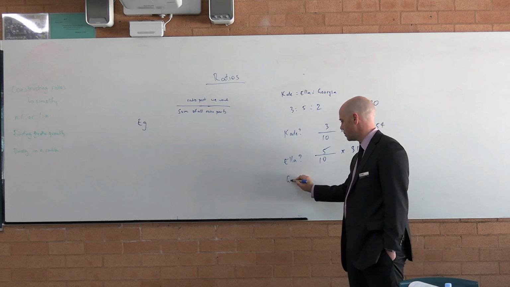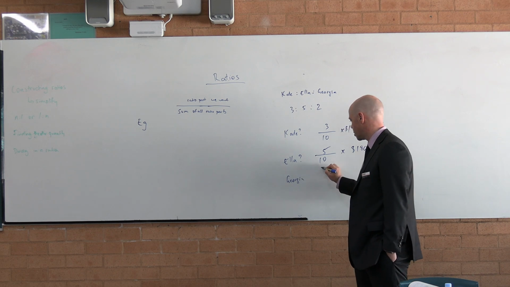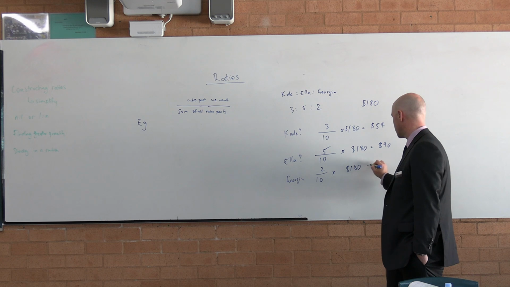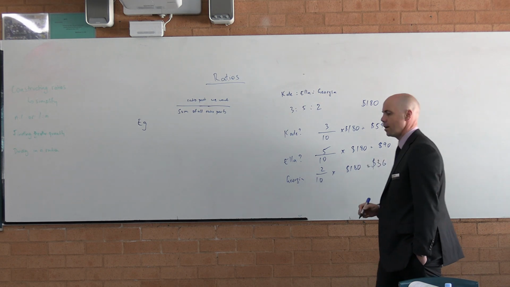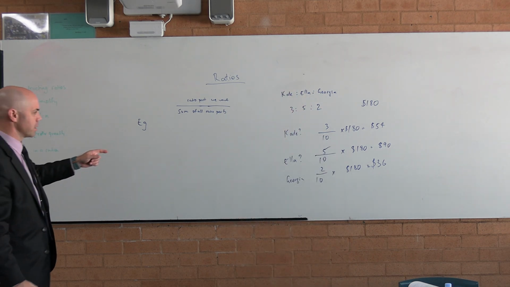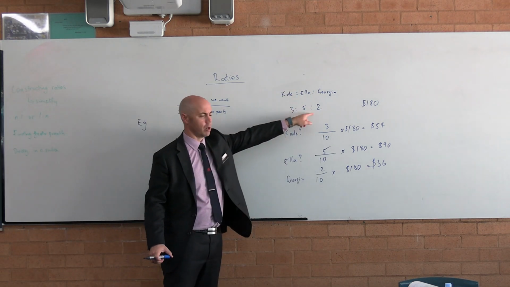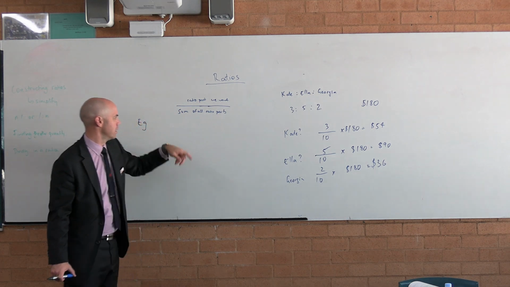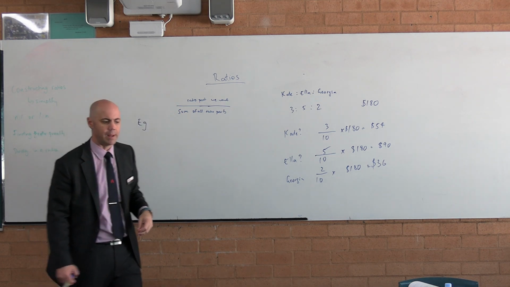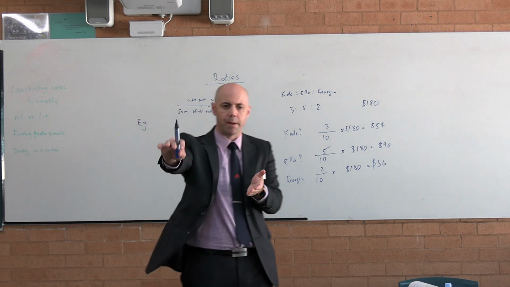And Georgia gets 2/10 of 180, which equals 36. So each person gets that amount. It doesn't matter how many parts are in the ratio, we do it the same way: the sum of all the ratio parts in the bottom line and the ratio part we want in the top line. That makes a fraction, and you multiply that by the full amount.